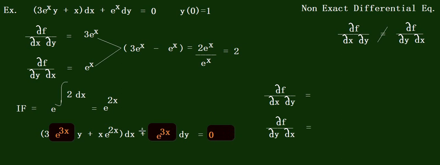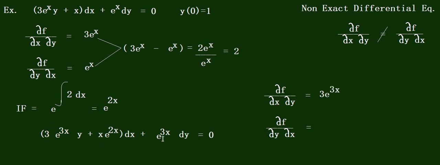Now if you try to check the exactness of the differential equation, let's figure out these two values first. To find the first term we need to take the x as a constant and y as a variable, so if you differentiate partially with respect to y for this term, you will get 3 into e to the power 3x.